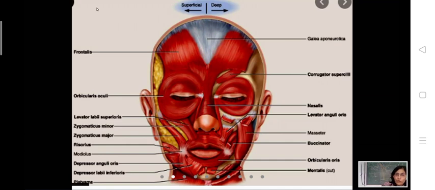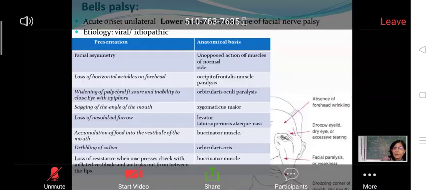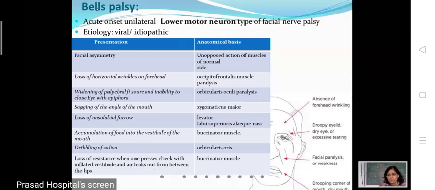Now, a very important clinical entity, that is Bell's palsy. What is Bell's palsy? Bell's palsy is, by definition, an acute onset, unilateral, it is always unilateral, lower motor neuron type.